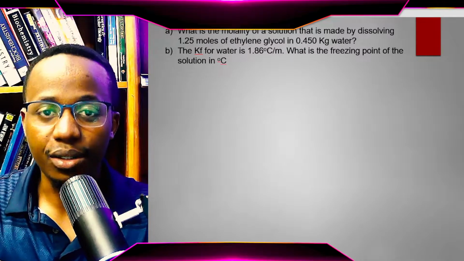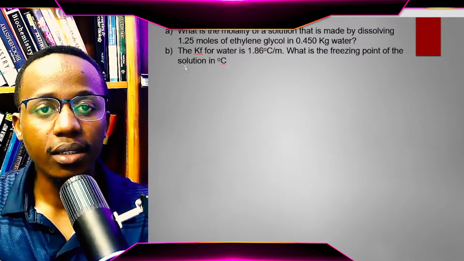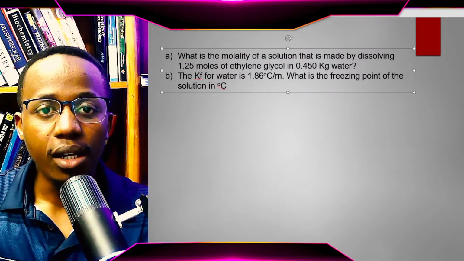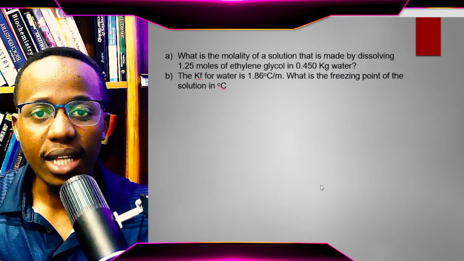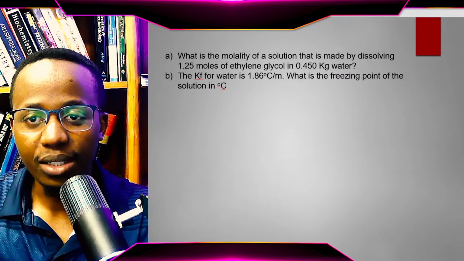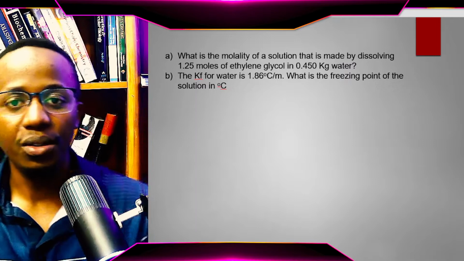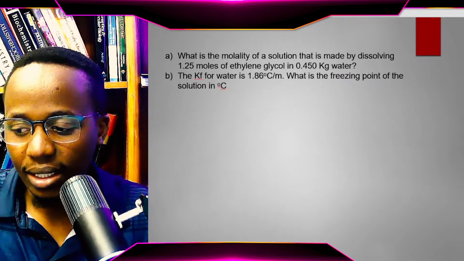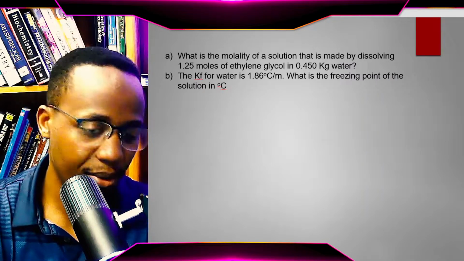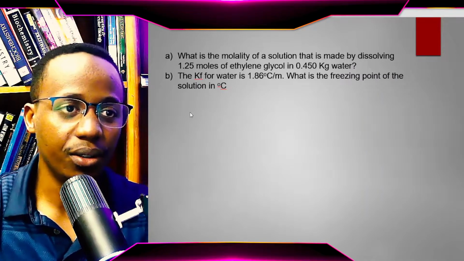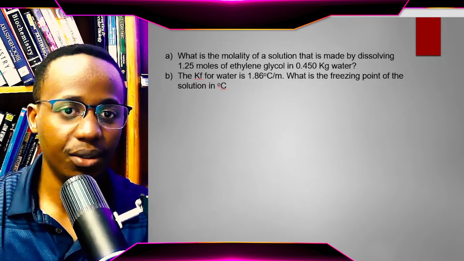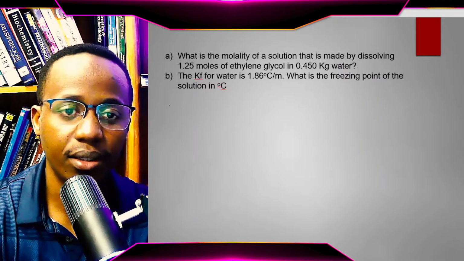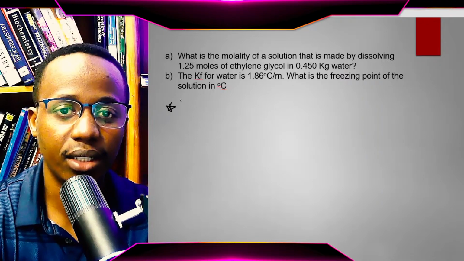They're asking us first, what is the molality? Let me move it down so that you can see it. What is the molality of a solution that is made by dissolving those moles of ethylene glycol in kilograms of water? So this one is easy. They ask you the molality, but we already know the formula for molality. So let's start by just writing down what they gave us.